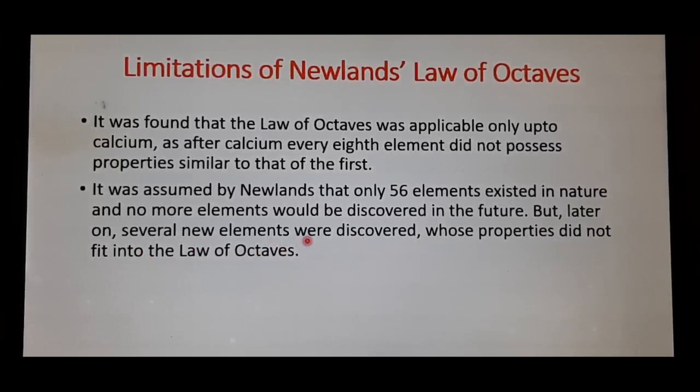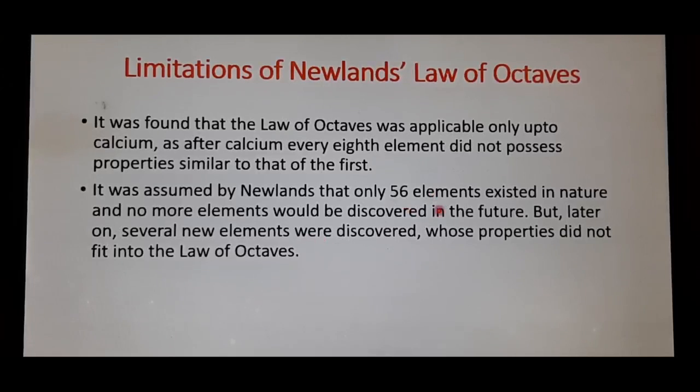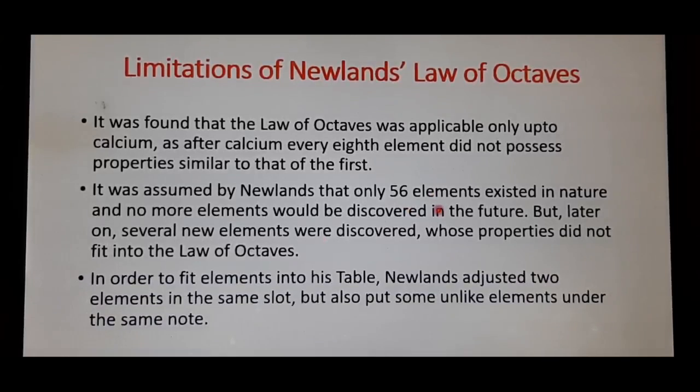This was also one of the major drawbacks, because from time to time many new elements are discovered. It was 56 at that time and now it is 118, but he assumed that only 56 elements existed and no more would be discovered.